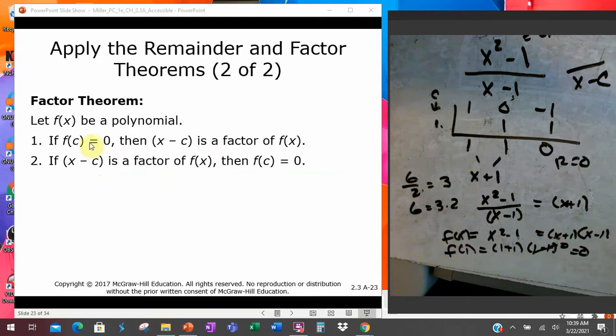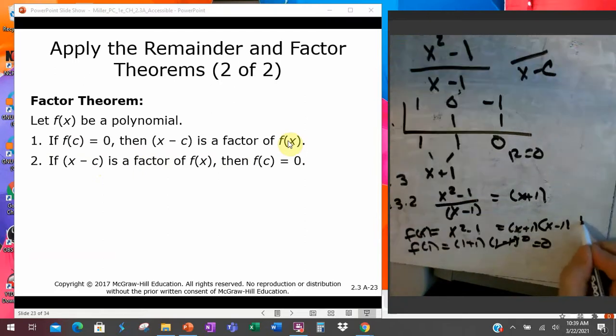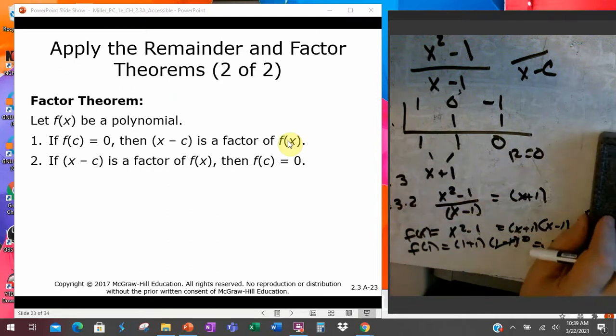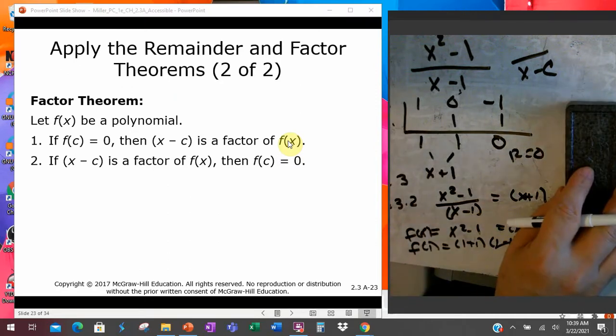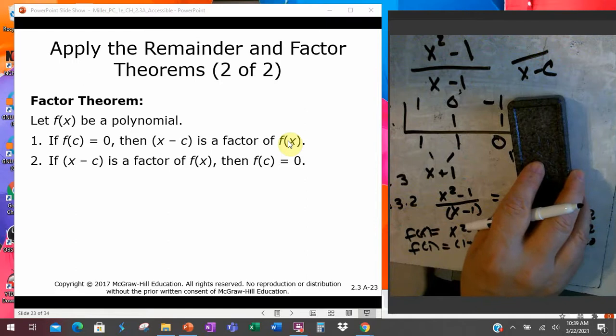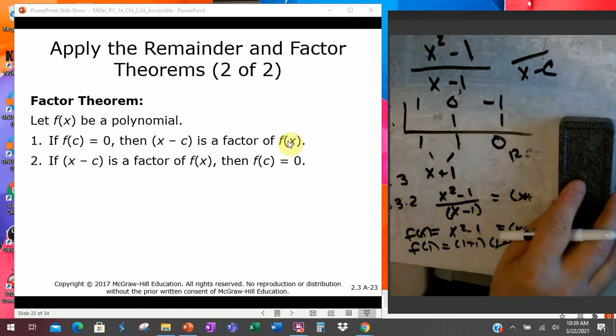When I evaluate the function at that, that's the c minus the c, this is going to be 0. If I had some remainder over here, then when I evaluate this, this would be the remainder. In this case, it's just 0, right? But let's say if I do x squared minus 1 by x minus 2.